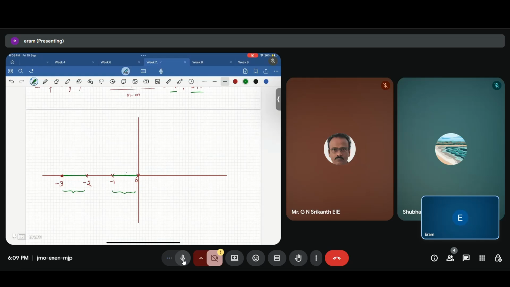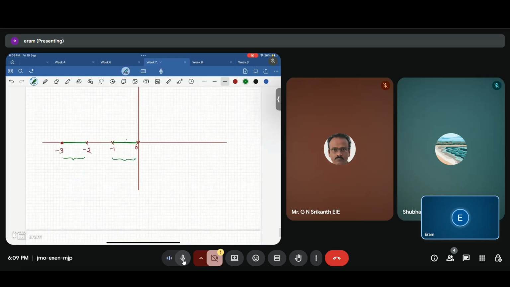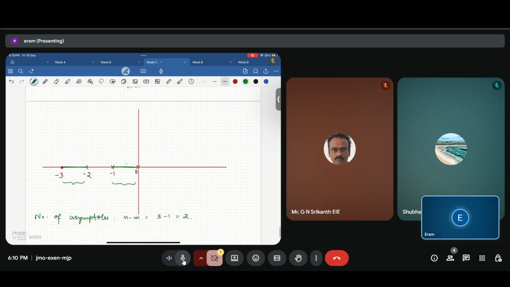Okay, then further we calculated the number of asymptotes, that was n minus m, which is 3 minus 1 in this case, that is 2 asymptotes. It is also logical because one branch will start from the open loop pole at -2 and will converge to the open loop 0 at -3. So this branch will have no asymptote, so the asymptotes will originate from the other two pole locations.